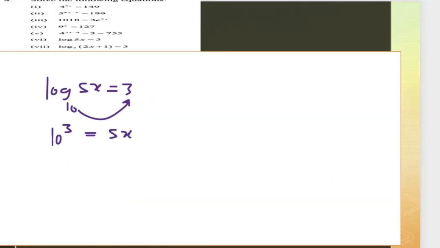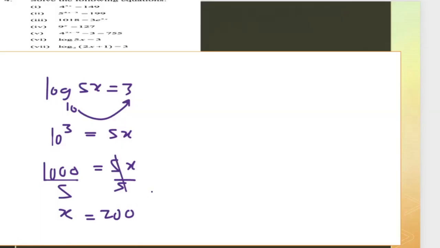And 10 cubed, we know it's 1000. So we'd have 1000 equals 5x, and divide both sides by 5. So this cancels, so x is equal to 200.